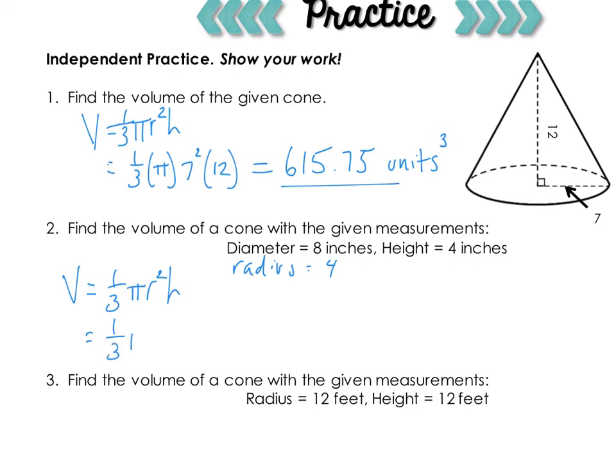So 1/3 pi, my radius is 4 squared, my height is 4. Plug all that into our calculator. 1/3 times pi times 16 times 4. Let's see here, 67.02. I got inches on that one, so we're in cubic inches.